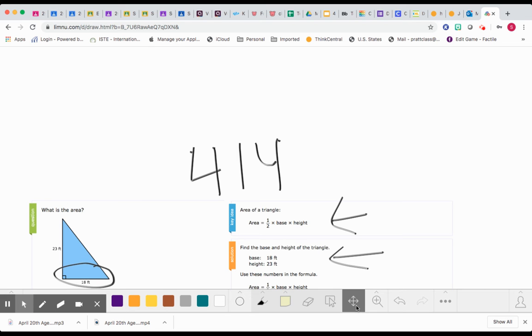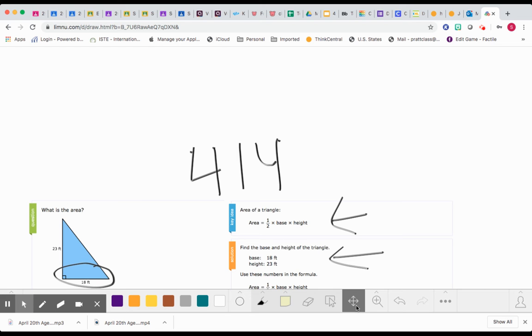So basically, to make this really easy, whatever your answer is from base times height, you are dividing it by 2. So if we have 414 divided by 2, you can see that our answer is going to be 207, right?